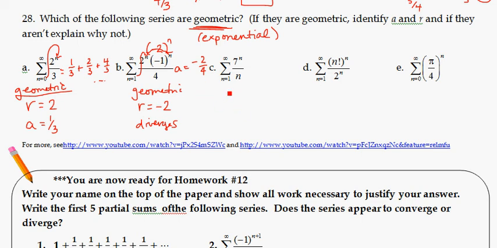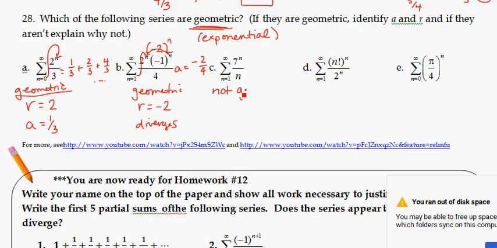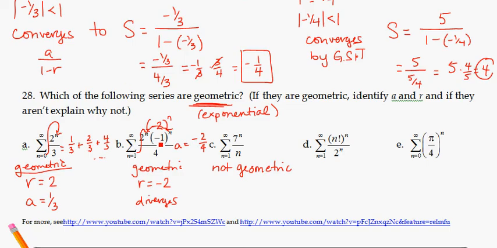All right, moving on to the next one. Again, pause the video and ask yourself, do you think this is a geometric series or not? Okay, and actually it is not geometric. It's not geometric because while the numerator actually is exponential, the denominator is a linear term, it's just n.